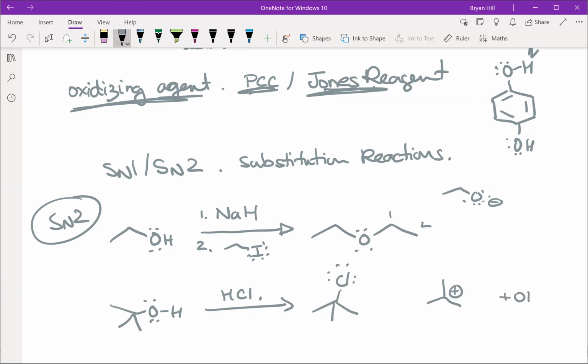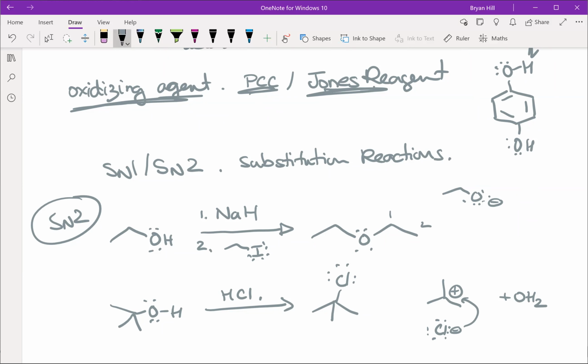So the alcohol gets protonated, water leaves as a neutral molecule, we've got a carbocation, and chlorine comes in and reacts with it. The trouble with this sort of reaction is that HCl is going to react with a whole bunch of things. So that's one of the problems.